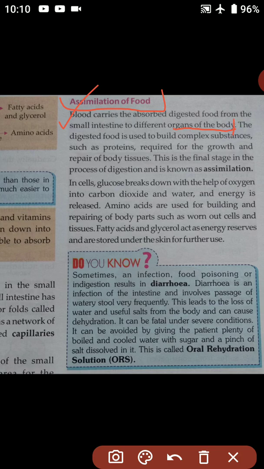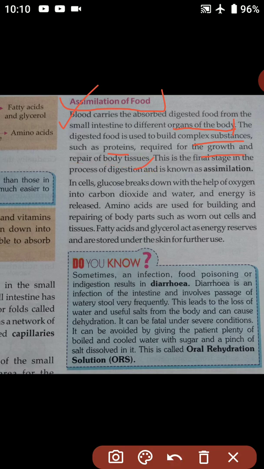The digested food is used to build complex substances such as protein. Why is protein necessary? Protein is necessary because it helps in the proper growth and repair of the body tissue.